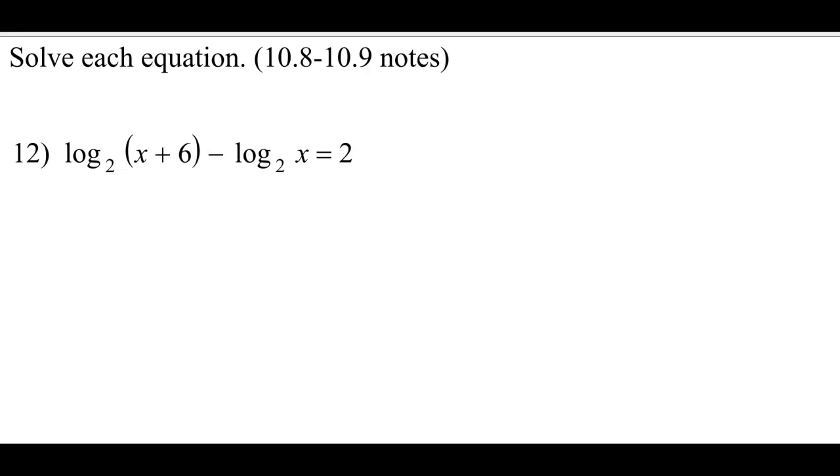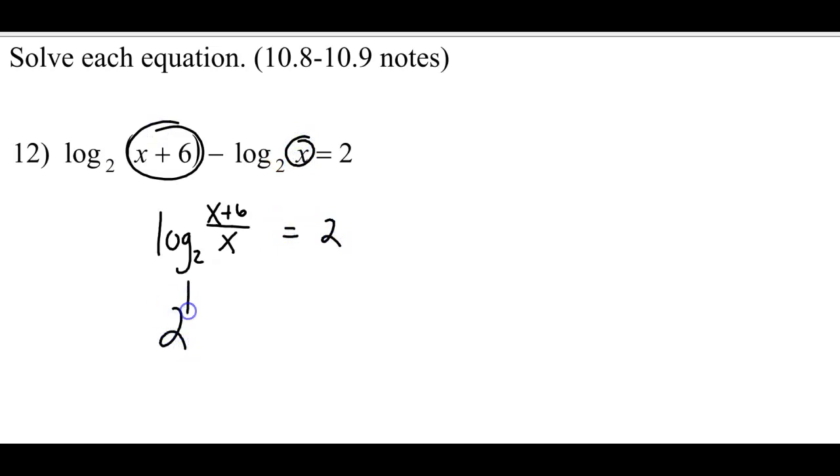Another subtraction problem. So once again, we can put those together as one log. If I do x plus 6 divided by x, that's this one divided by this one. Once again, we're going to exponentiate both sides.